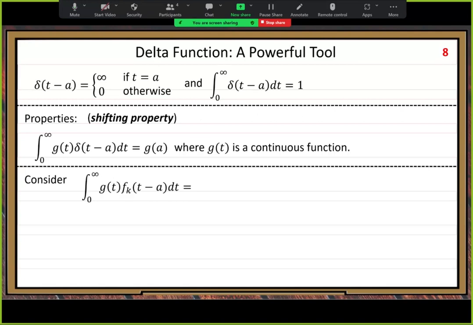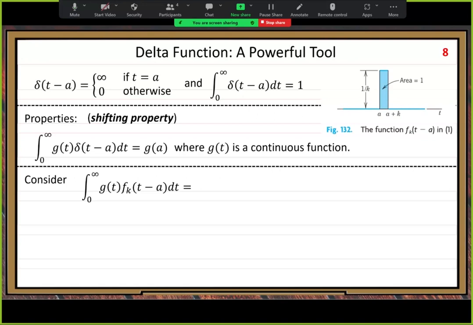All right. Let's consider, because we cannot do calculation on delta, right? It's too hard. So we go back to the original definition. When we described delta, we went back to the fk function. Then we make k go to 0 to approximate delta. So here, let's apply the fk function.